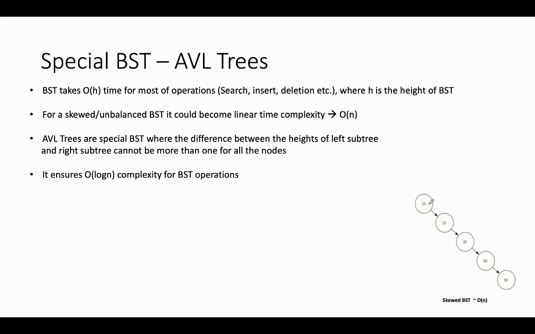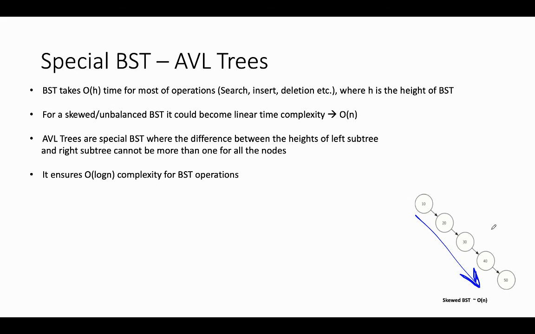We can see each node has only a right subtree. This kind of BST is only as good as a simple array or a linked list, because any operation will take us order n time, since the height is almost equal to n, where n is the number of nodes.